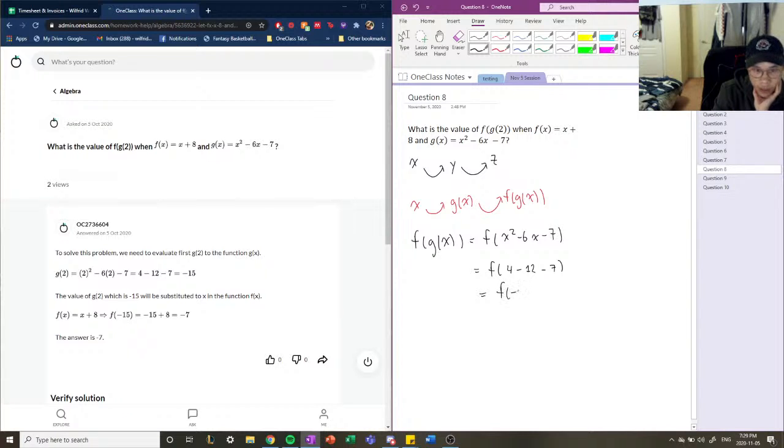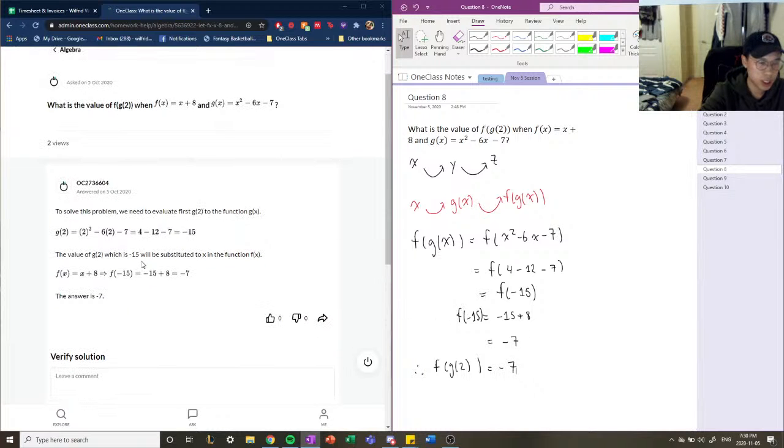So f of negative 15, if we plug it in, equals negative 15 plus 8, which equals negative 7. So in the end, f of g of 2 is equal to negative 7.